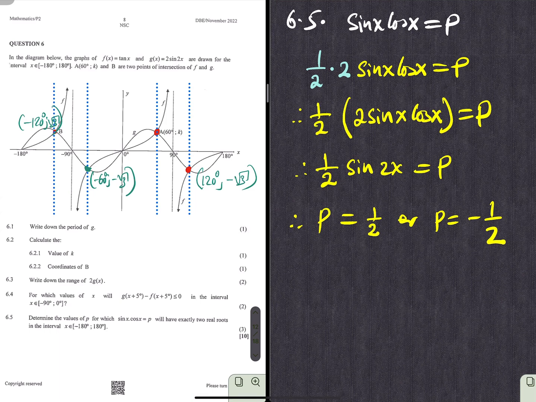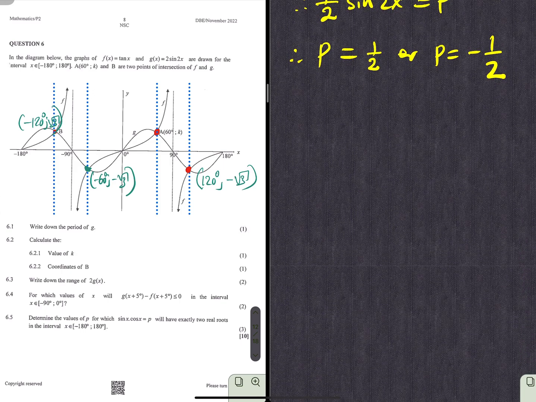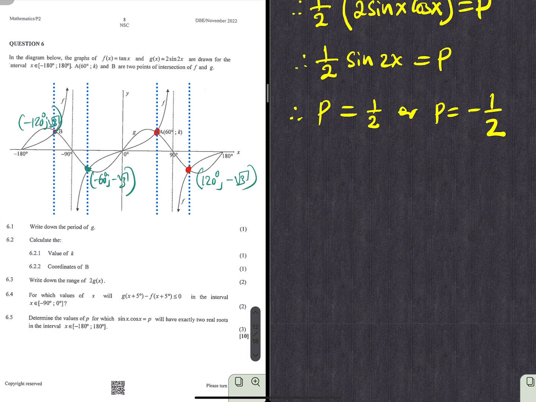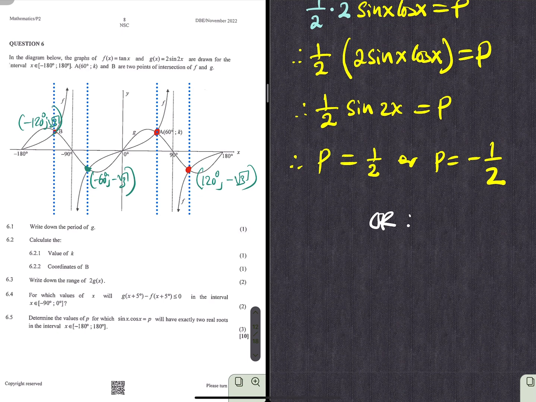This is how you're going to get the value of p. But if you want to take it further, you can say, let me just write or. I'm going to take it from here.